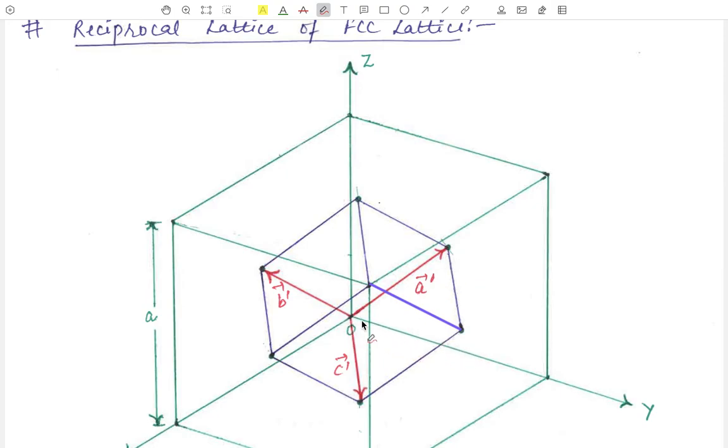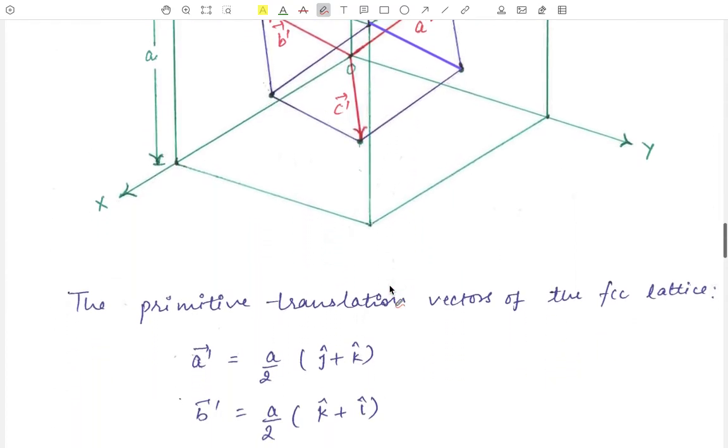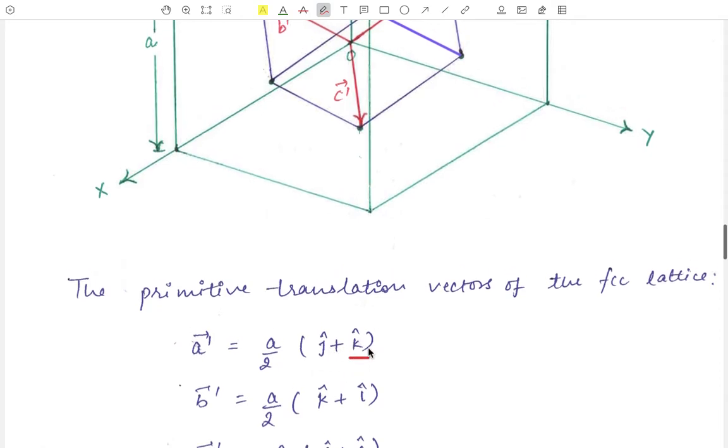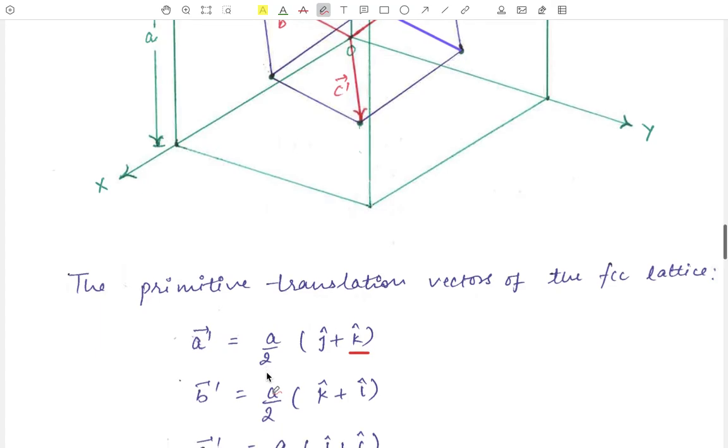Only j cap and k cap will be here, and both are in plus y direction and plus z direction. That is, A dash vector is along the positive y direction and positive z direction. Therefore we have here j cap plus k cap into a by 2. Again, a is the side of the unit cell in the direct space.